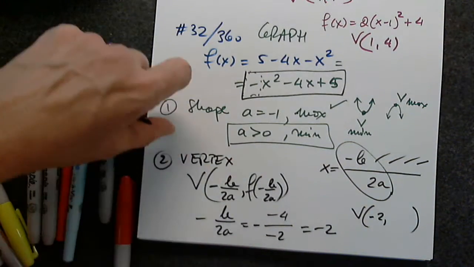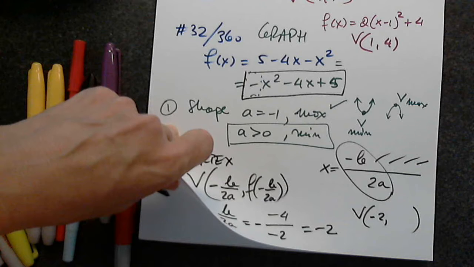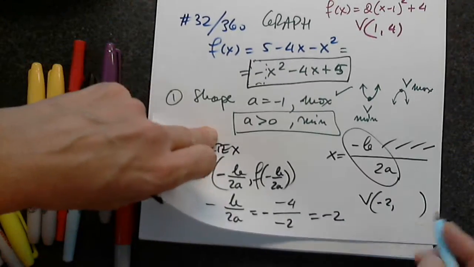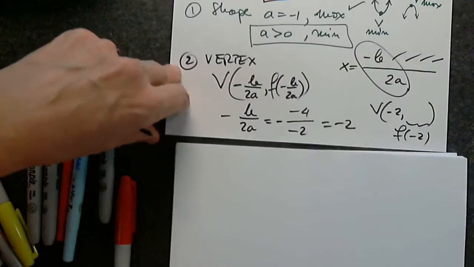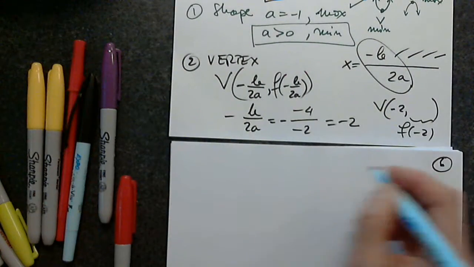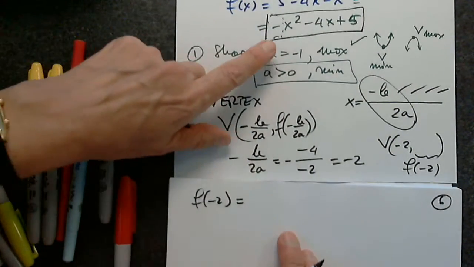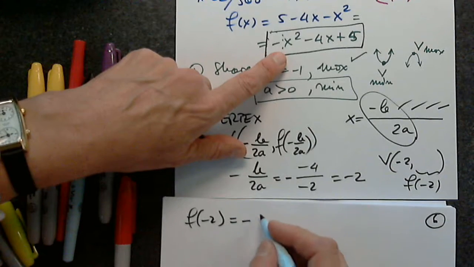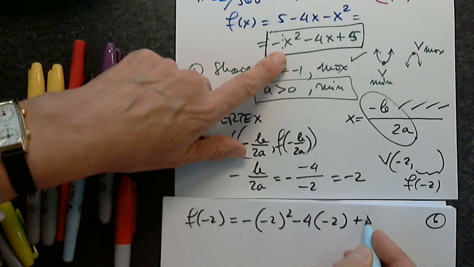Now I have to plug in the function what again? To get this value. Correct. Very good. So this is indeed f of negative 2. I'm just trying to make sure that everyone understands that. So f of negative 2 will be, careful how you plug it in. The negative sign has nothing to do with what you square. Parentheses, negative 2 squared, minus 4, parentheses, negative 2, plus 5.